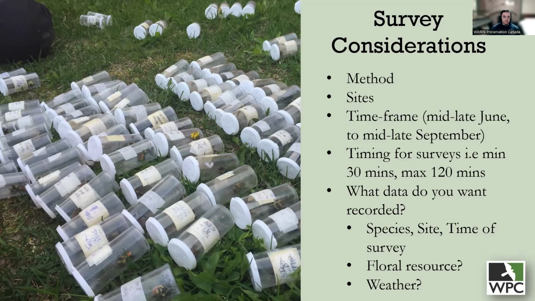If it's raining or if it's too hot for bees, you can identify that through the weather data recorded for the survey. Floral resources can also be recorded, specifically for the bees that were captured or recorded on flowers, and that'll help you get a sense of what flowers are available at your different sites, perhaps in what abundance.